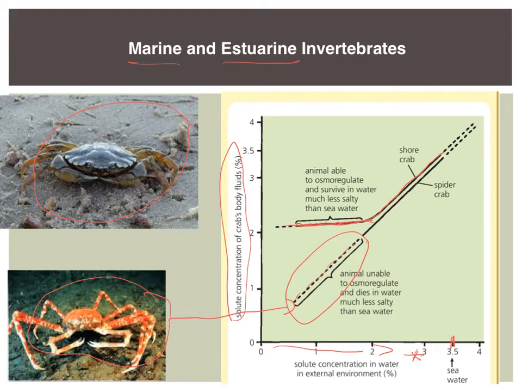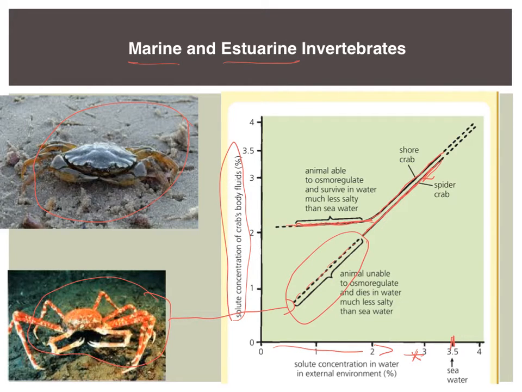And here you'll see at this point, as it gets saltier, oh, my line's gone squinty. The spider crab, when it's in a solution like that, its internal body becomes as salty as the external salty water.